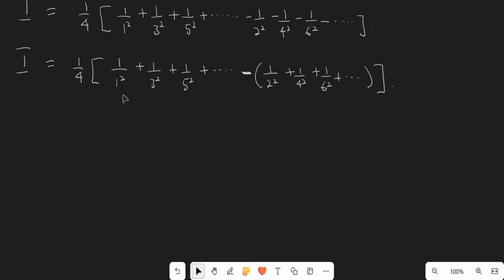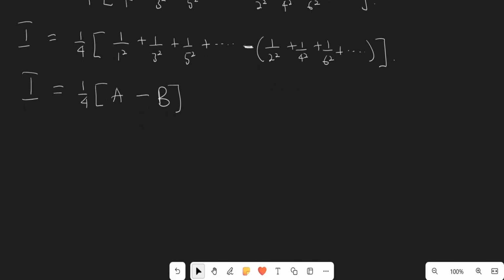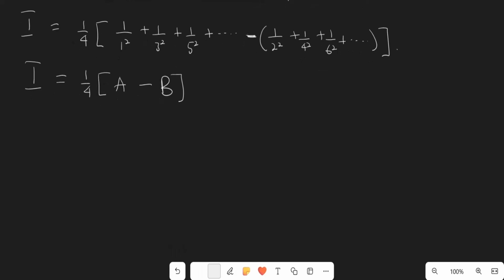So now permit me to call this one, the odd denominators, A and the even denominators B, right? So I here is going to be equal to 1 over 4, and then the sum of these ones, permit me to call that one A, and the sum of this one, permit me to call that one B. So if you're able to find what the sum of these ones and these ones will be till infinity, then we can find the value of our integral.